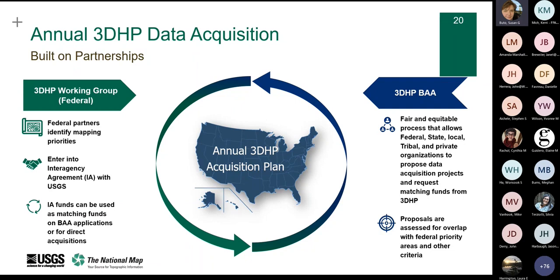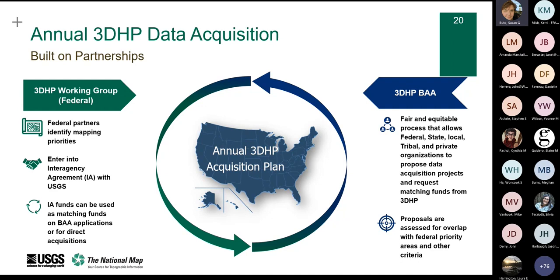So this slide just kind of gives an overview of the 2 streams of data acquisition that come together to form an annual and a long-term data acquisition plan for this data set. On one side of the slide, you see a federal-centric data acquisition effort that is managed largely through the 3D-HP working group, which is a federal working group really designed to have federal partnerships for data acquisition, as well as technical discussions around the 3D-HP.